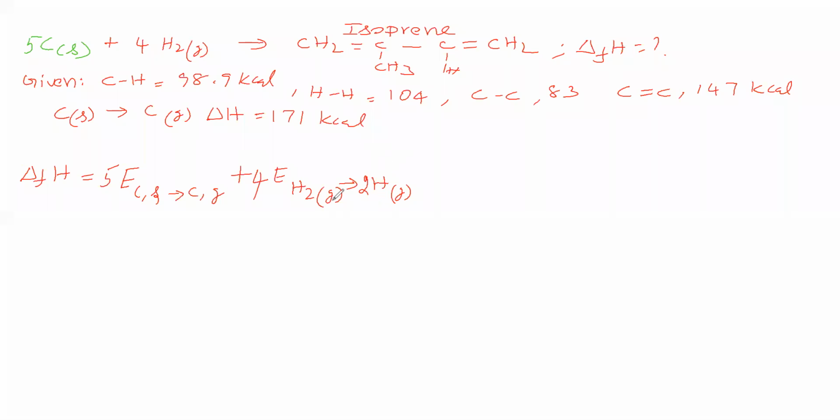Okay. Next. Now, carbon atoms are in gaseous state. Hydrogen atoms are in gaseous state. Now, these 5 carbon atoms in gaseous state and 8 hydrogen atoms in gaseous state are rearranging. One carbon, second carbon, third carbon, then fourth carbon, fifth carbon. Carbon atoms rearranging like this.